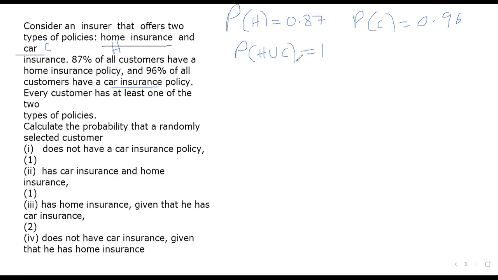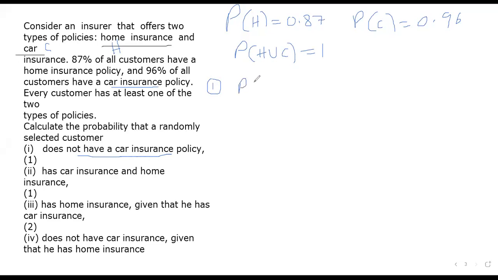Okay. So now, with the parameters that have been given, let us calculate the probability that a selected customer does not have car insurance. What are they asking for here? Part one, the probability that one does not have a car insurance. So what are we looking for?